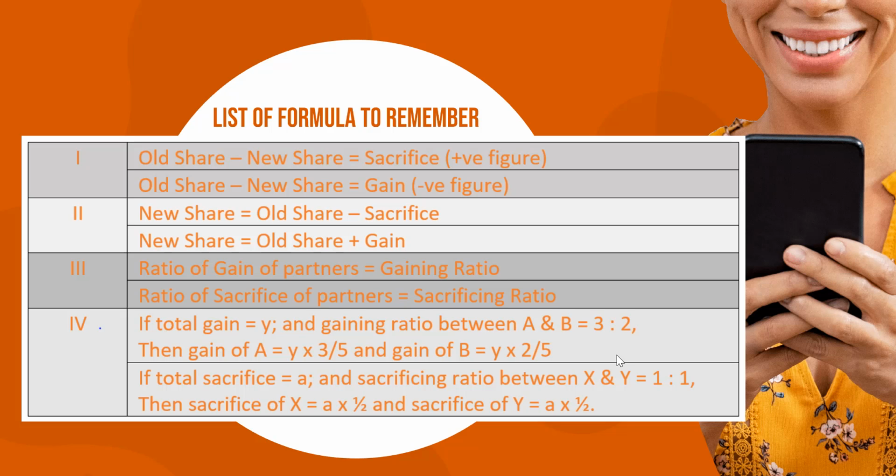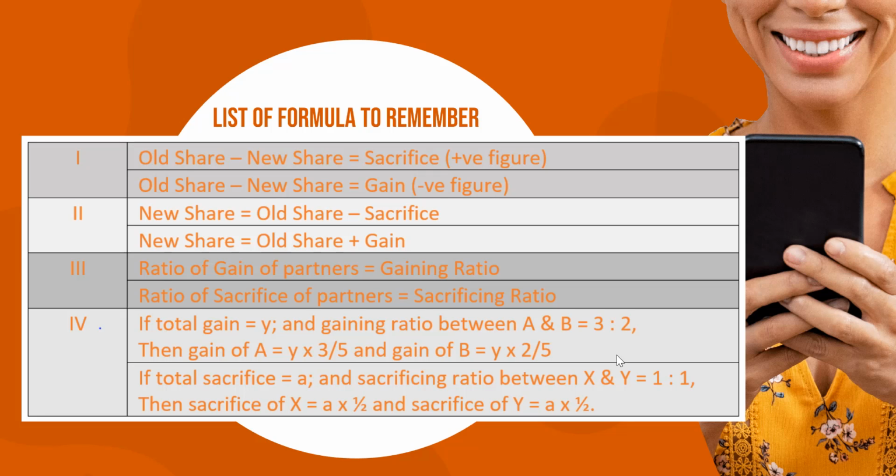The second set, to get the new share when a person has sacrificed, we apply the formula old share minus sacrifice. Whereas to get the new share when a person has gained, we apply the formula old share plus gain.